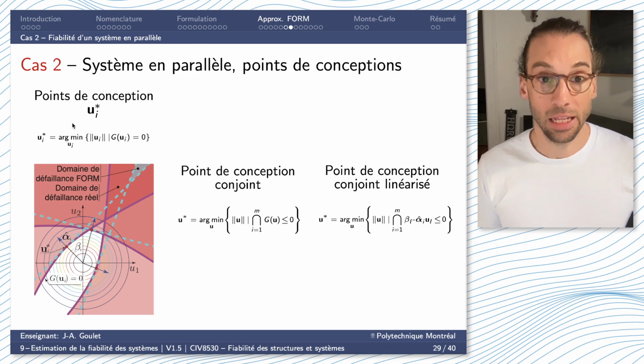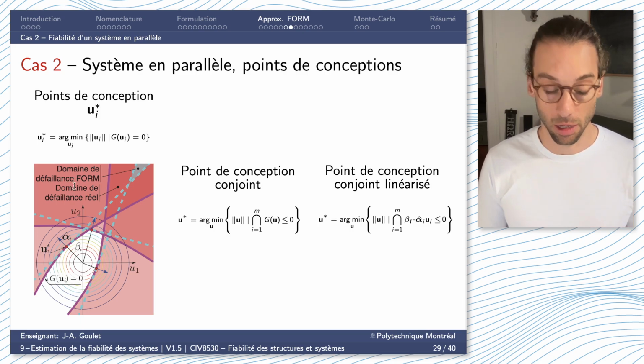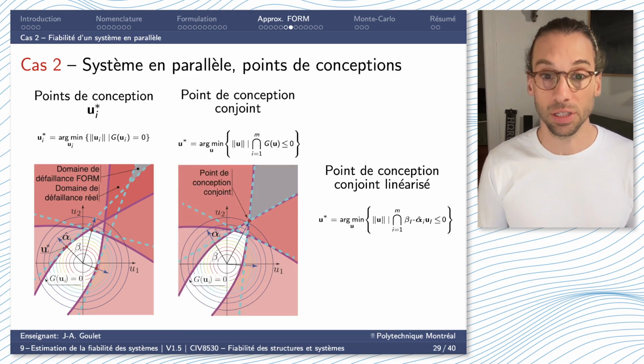If we look at the current way we're finding the design point, we look at each of those design points individually. In a second case, what we could do if we want to improve this, is take a single joint design point.